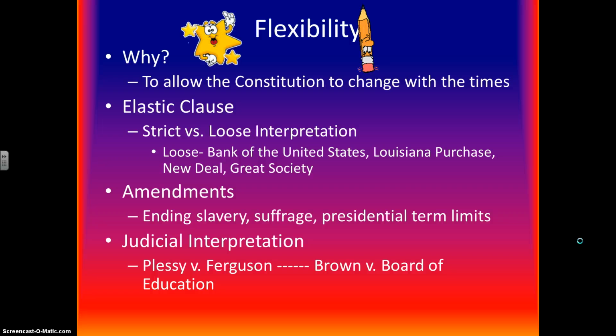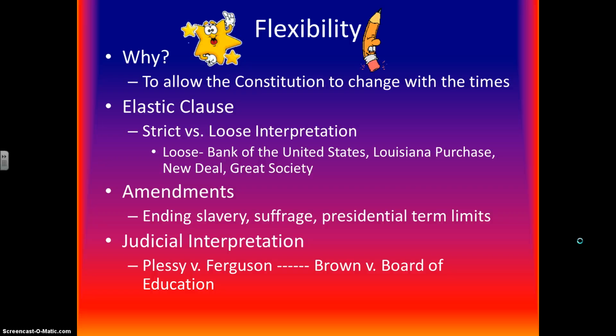If you guys don't remember, Alexander Hamilton said way back when Washington was president, hey, we need to have a bank to manage our debt, and nowhere did it say so in the Constitution, so he used the elastic clause to be able to have that bank. Thomas Jefferson wanted to purchase Louisiana and basically had to give up his strict interpretation to be able to do that.